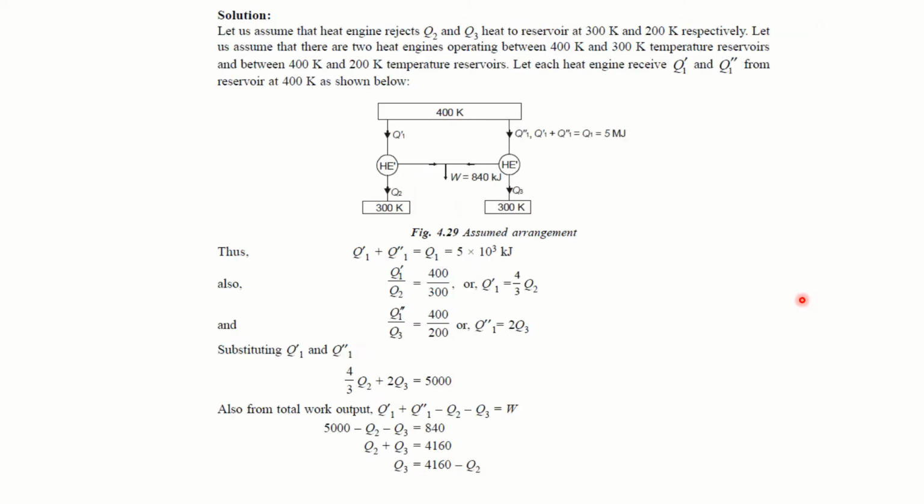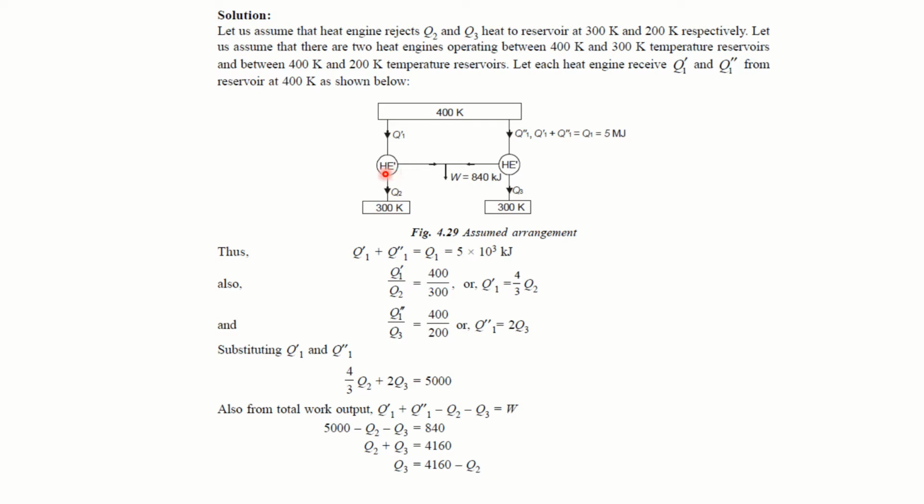Let us start writing the solution. This is the 400K reservoir. This heat engine is taking heat Q1 double dash and Q1 dash.